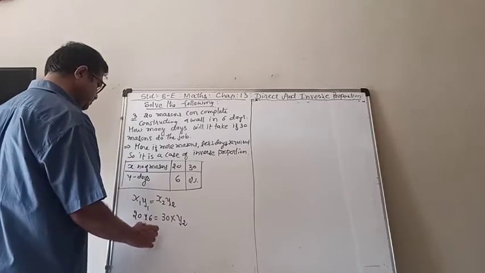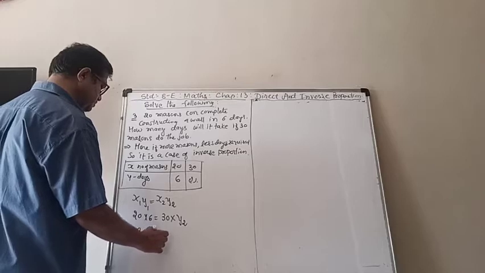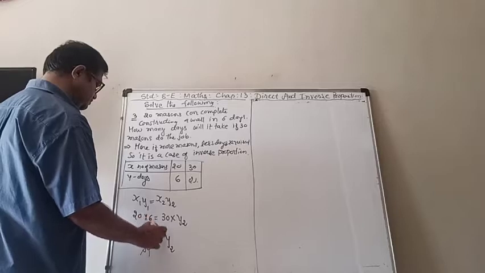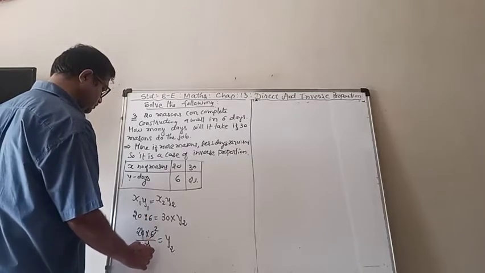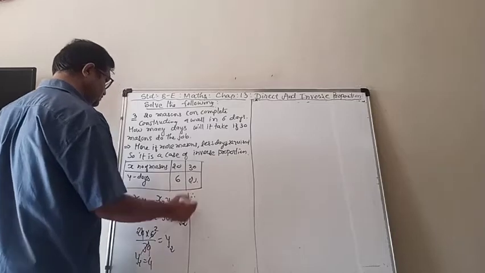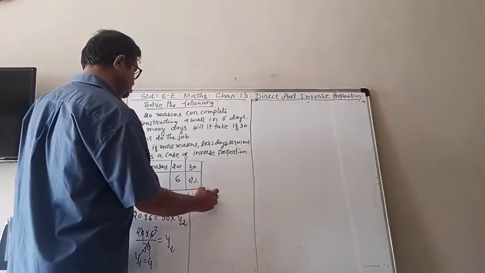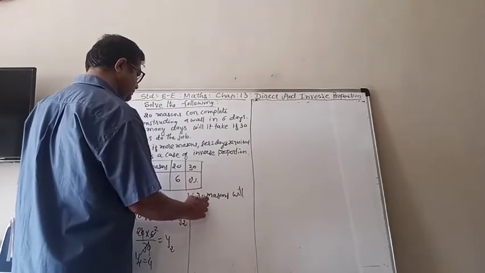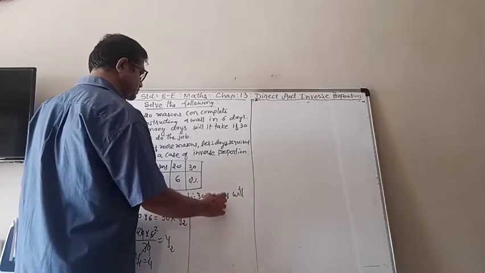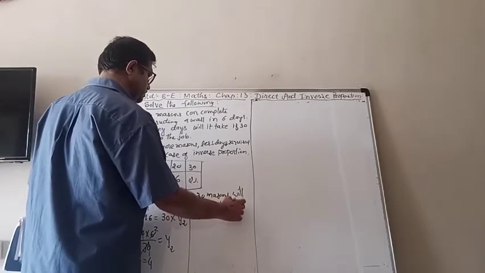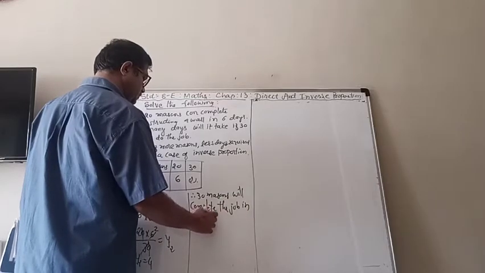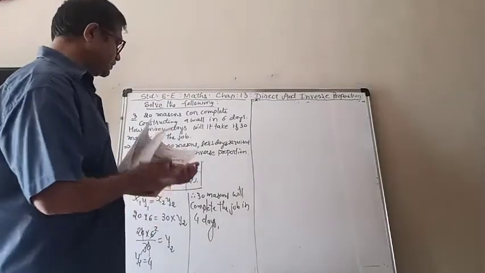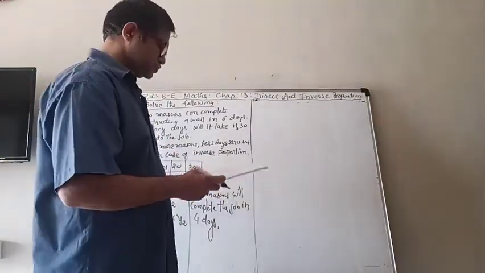So 20 into 6 upon 30 is equal to y2. 3 2s are 6, so y2 is equal to 4. Therefore, 30 masons will complete the job in 4 days. So more masons, it will require less days to complete it.